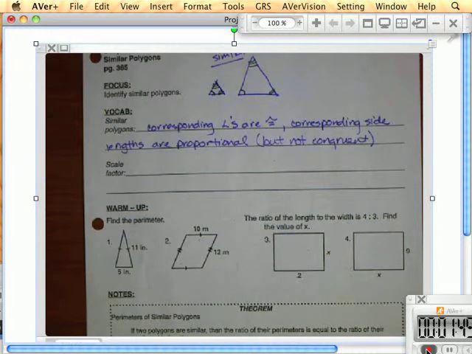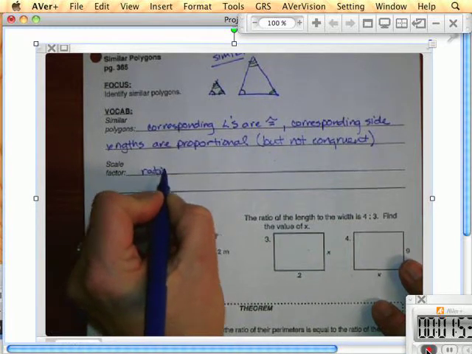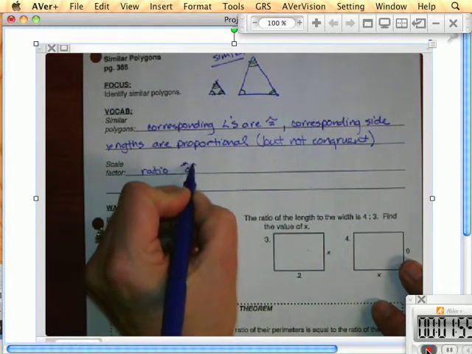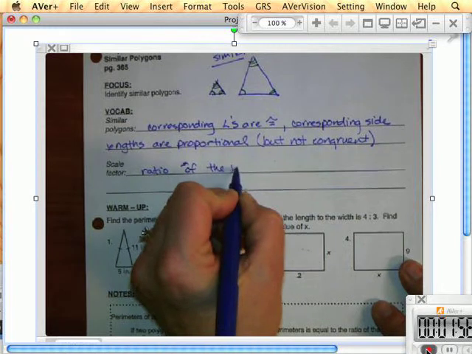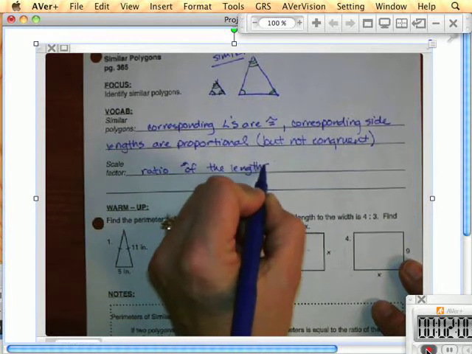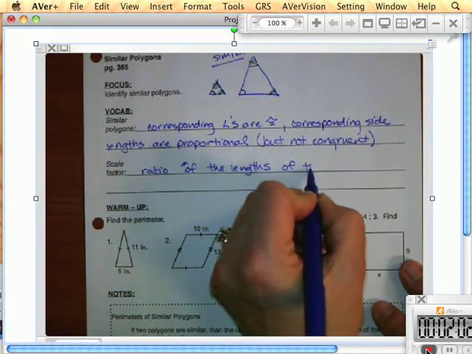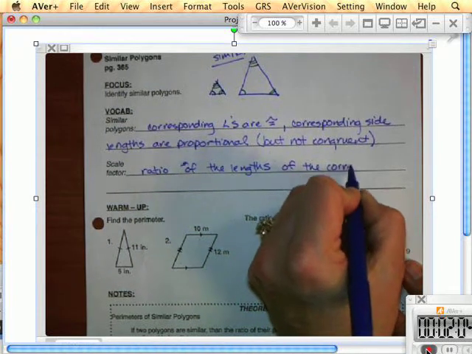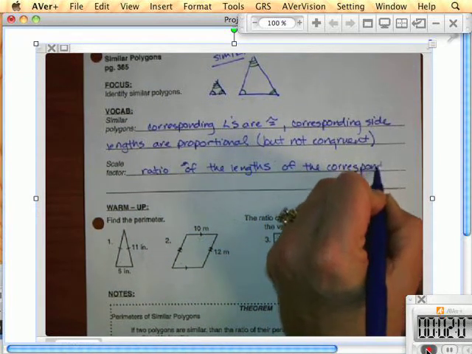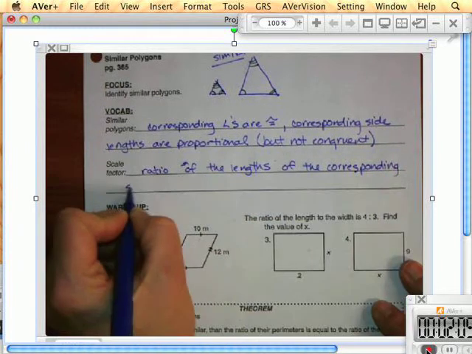Okay. Scale factor is the ratio of the lengths of the corresponding sides.